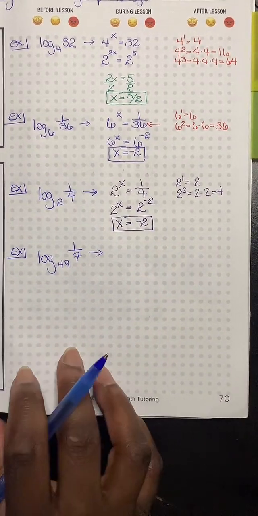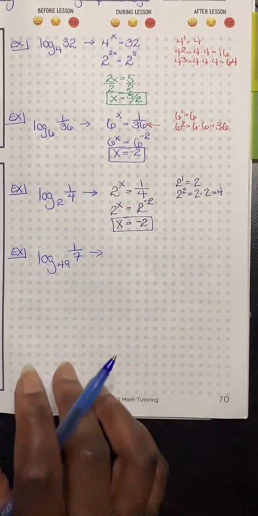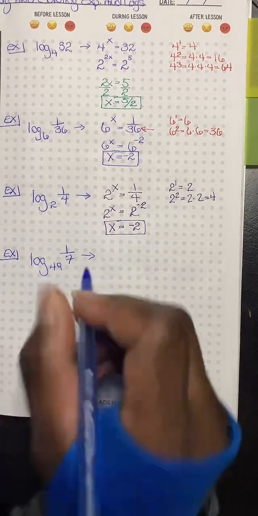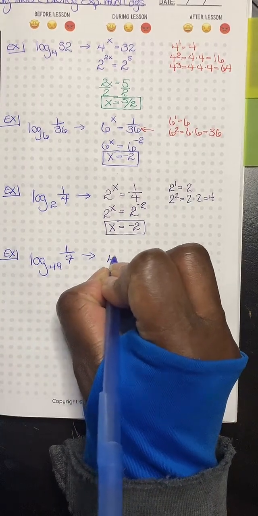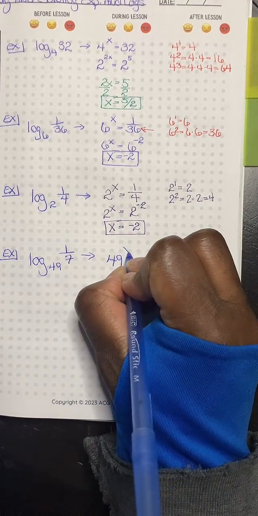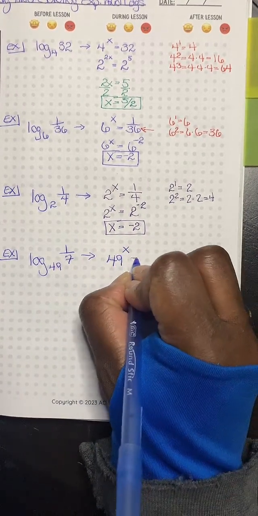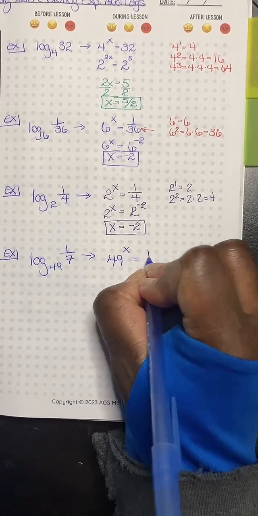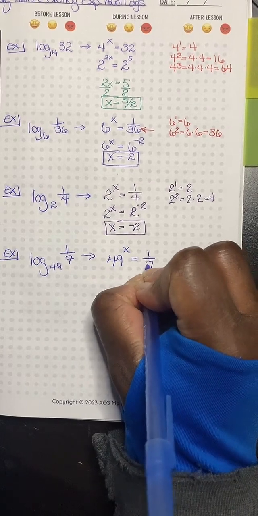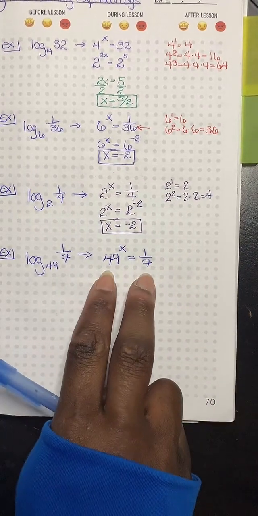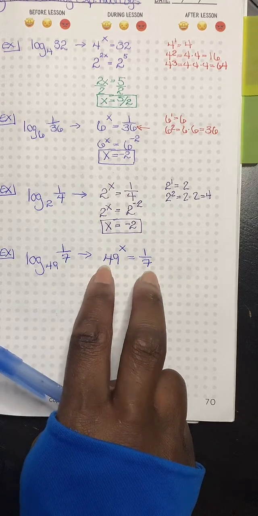All right, so we have a base of 49. We're trying to figure out what the exponent is. 49 to the what power will give me 1/7? So right away, I'm seeing some 49 and 7.